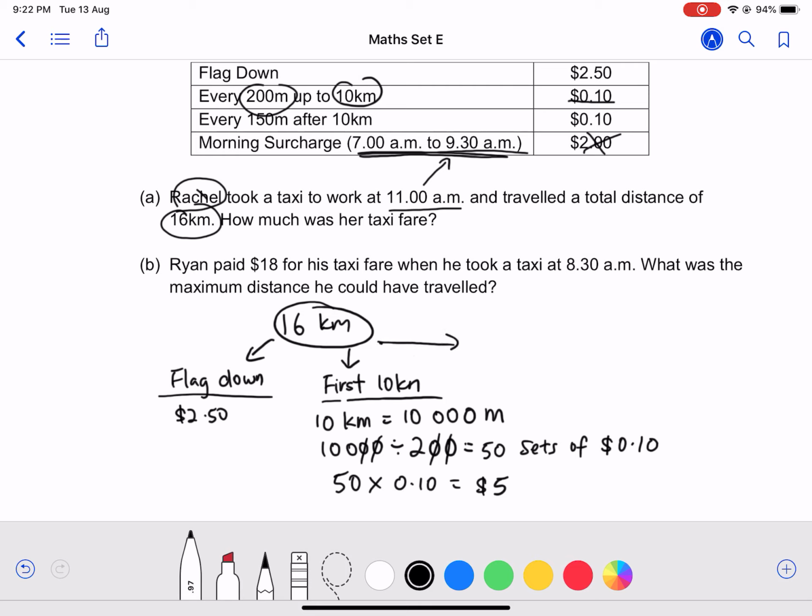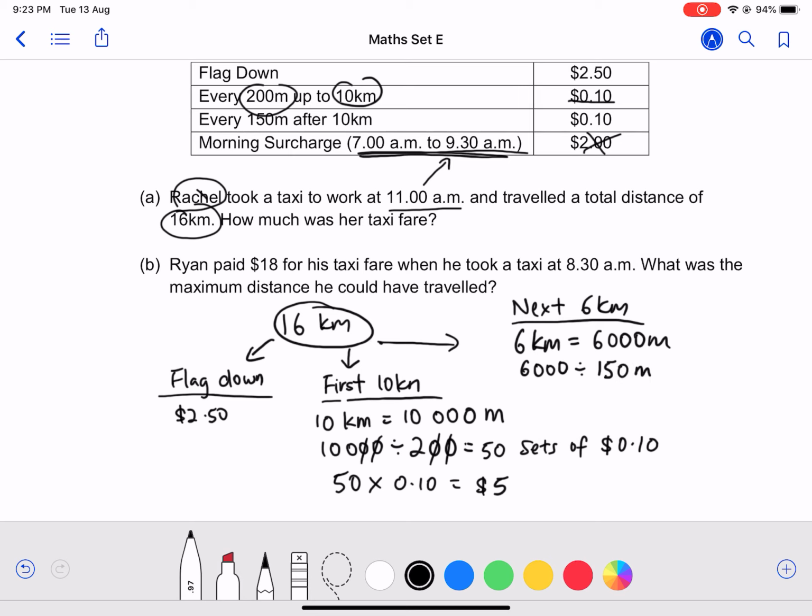Alright, then we have got 6 kilometers more to go, right? The next 6 kilometers, 16 kilometers in total, right? 6 kilometers left. Every 150 meters, so 6 kilometers gives us a total of 6,000 meters. And this 6,000 meters, every 150 meters, we have to pay 10 cents again.